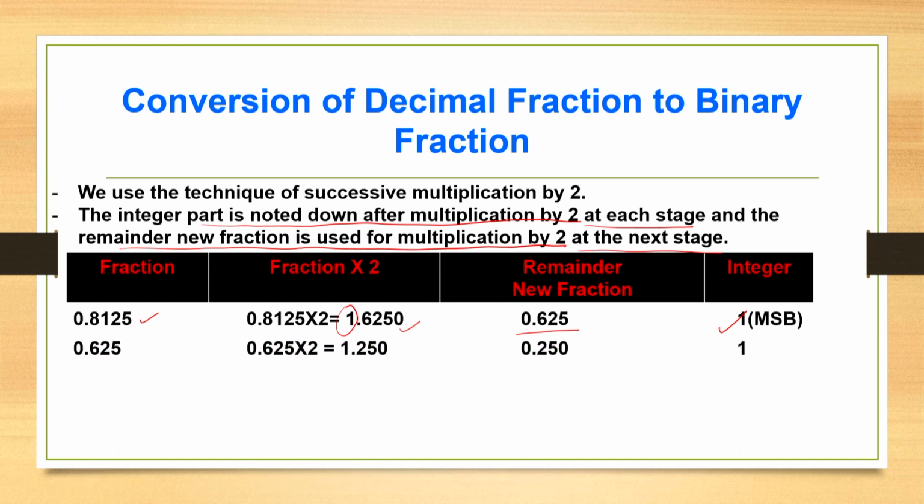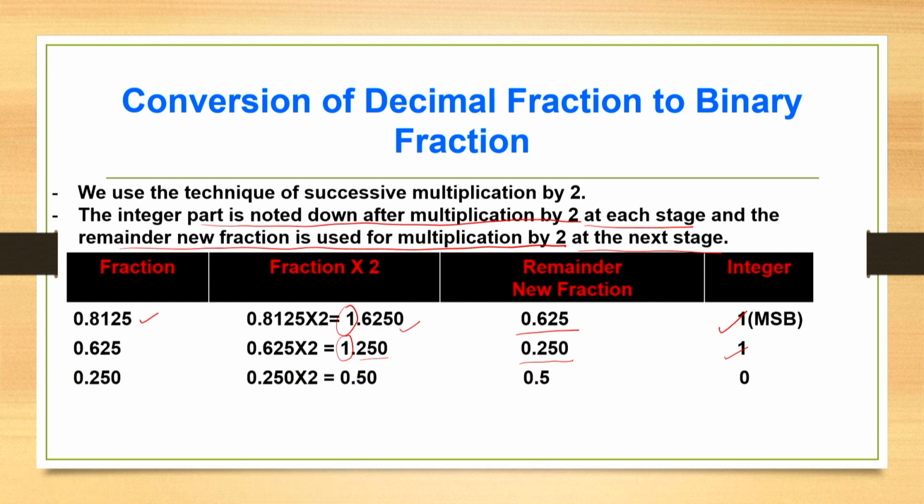Then in the next step, again this 0.625 will be taken, which will be multiplied by 2. Then 1 is stored over here and the decimal part is stored in the remainder new fraction.